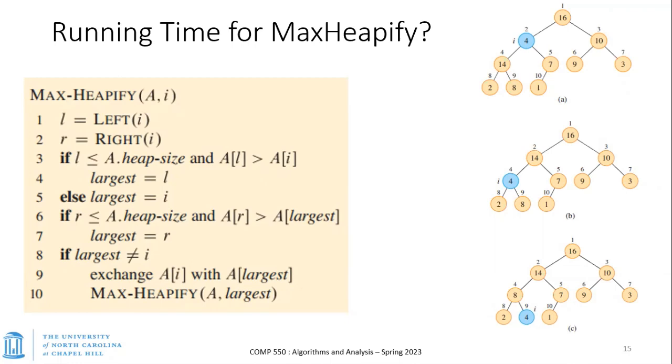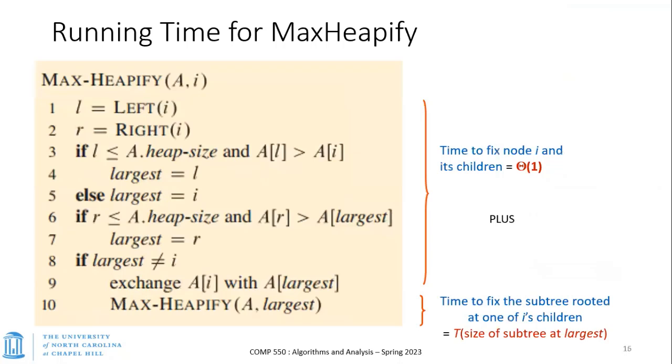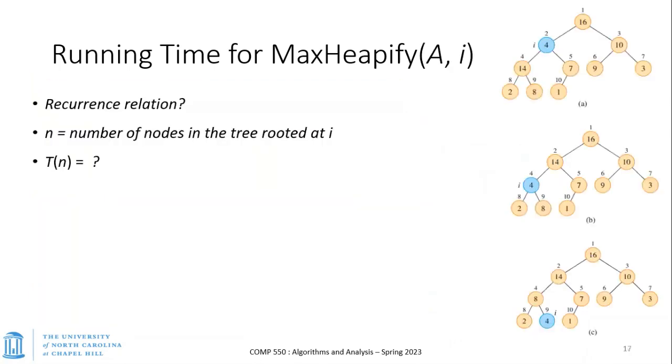If people would agree to that, if you look at the slightly more detailed code, essentially the top part is fairly simple, which is theta of 1. It's all constant. There's nothing which involves the size of the heap. It's only over here where the recurrence is going on, and so you need to find a recurrence relation. So let's try to see what could be a recurrence relation.